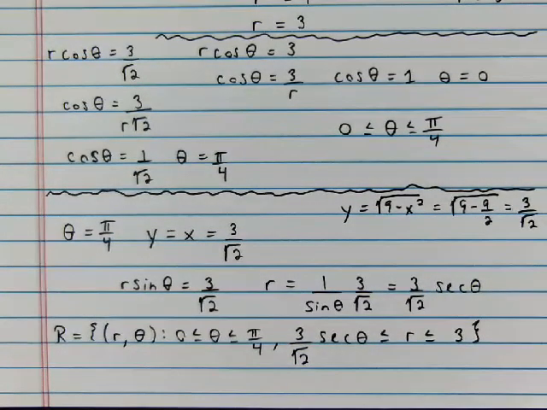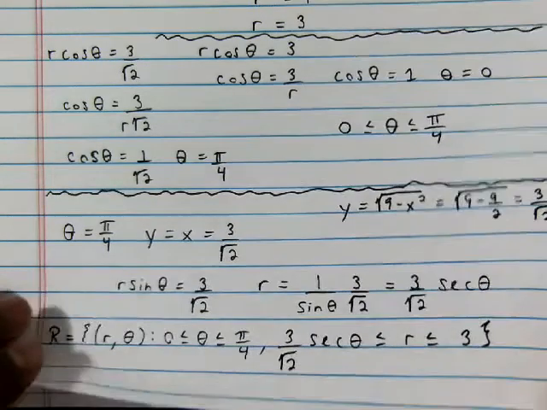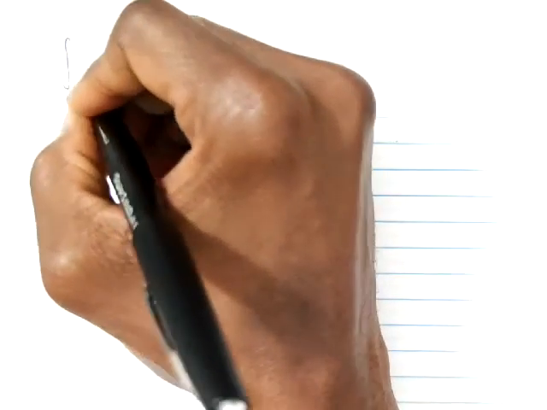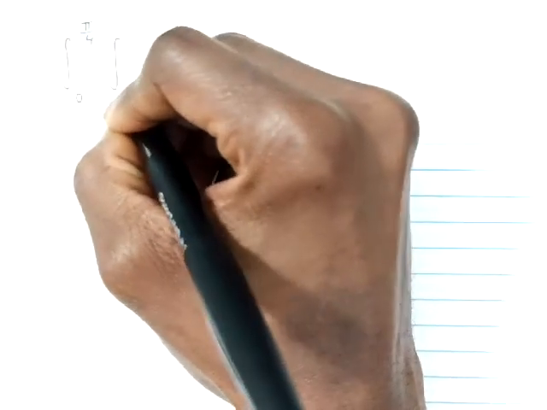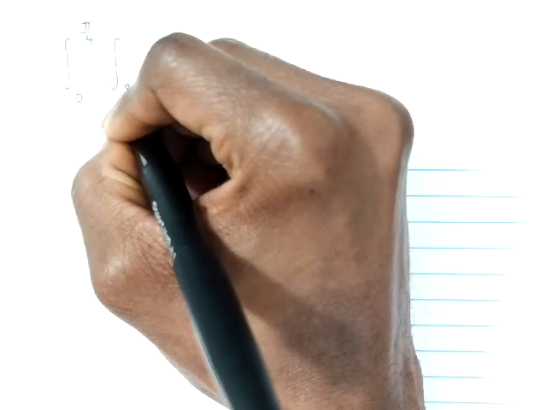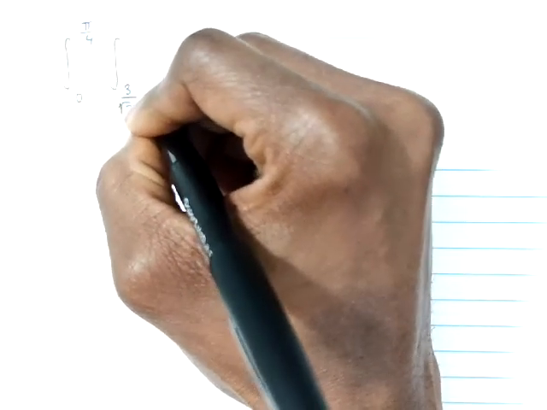All right, and now we can go ahead and set up our integral, and we can't forget to change our integrand to polar coordinates. So the integral becomes the iterated integral from 0 to pi over 4 and from 3 over root 2 secant of theta to 3.